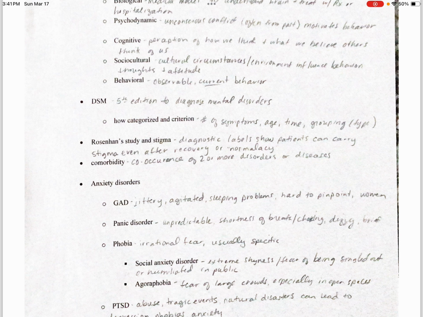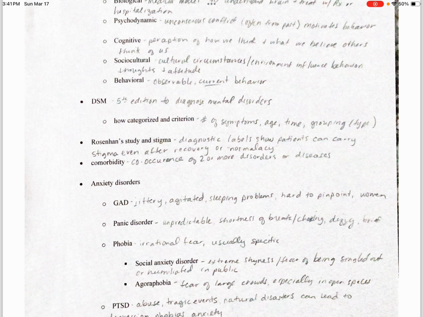However, oftentimes that stigma, that label can carry with them for maybe even decades after they've reached a point of being in good mental health. Sometimes it's difficult to shed that label. It feels like an albatross, a weight around us that is difficult to get rid of. So it's important to understand that diagnostic labels are powerful on both sides of the coin.